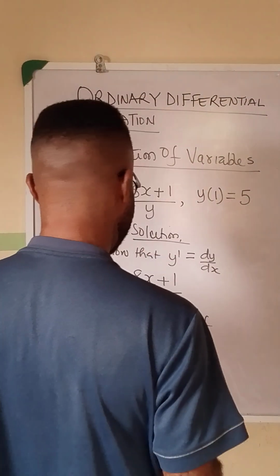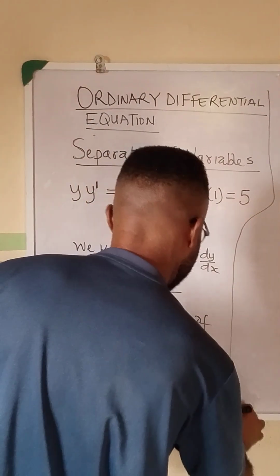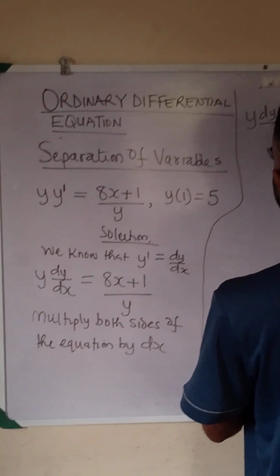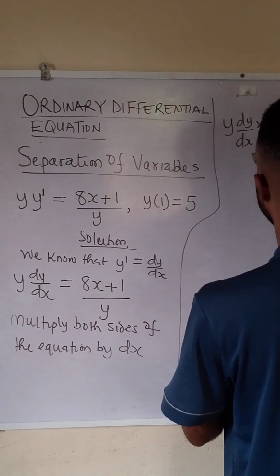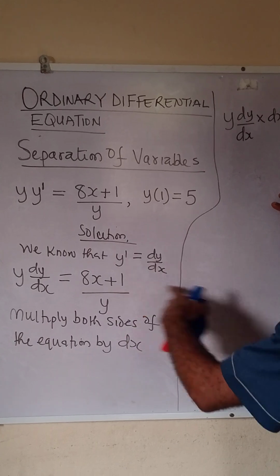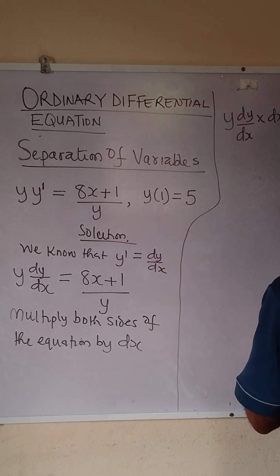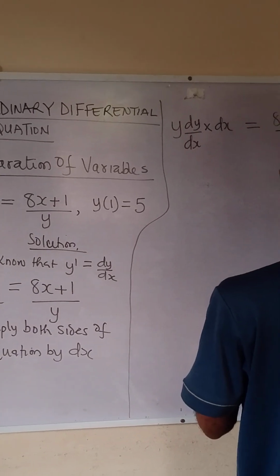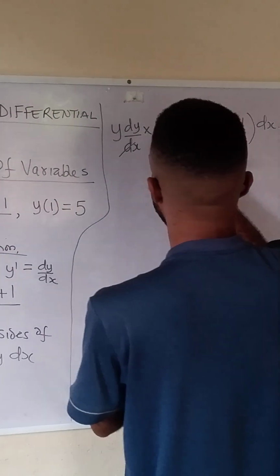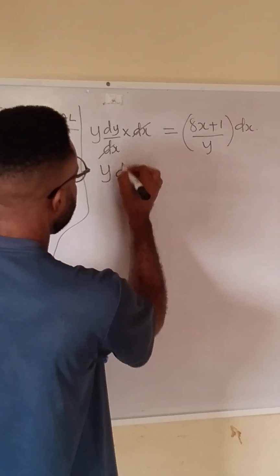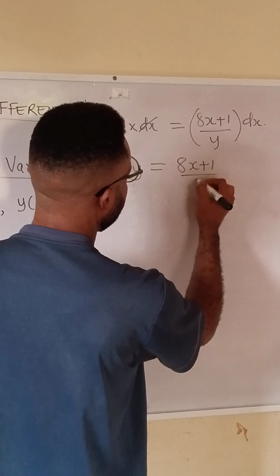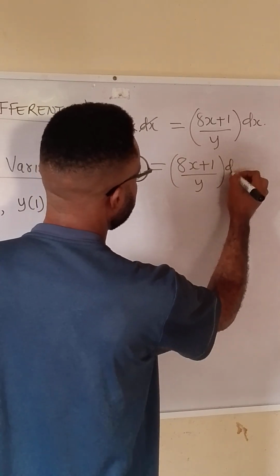And so when you do that, we are going to have dy/dx times dx will be equal to (8x + 1) over y multiplied by dx. So when we cancel out dx, we are going to have dy equal to (8x + 1) over y multiplied by dx.